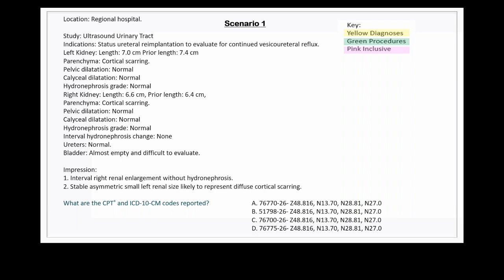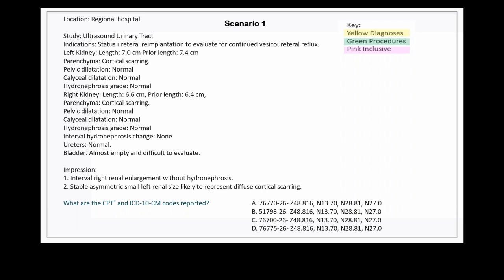Parenchymal cortical scarring, pelvic dilation normal, calyceal dilation normal, hydronephrosis grade normal, interval hydronephrosis change none, ureters normal, bladder almost empty and difficult to evaluate.